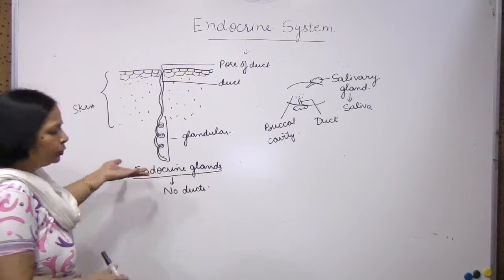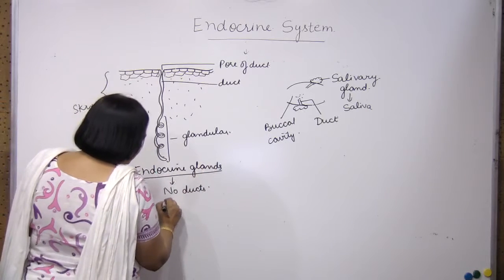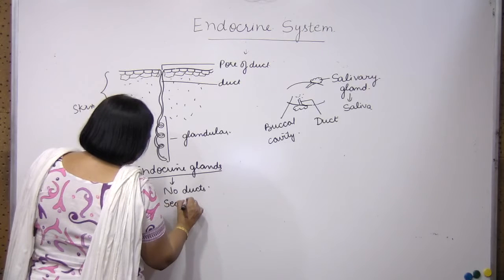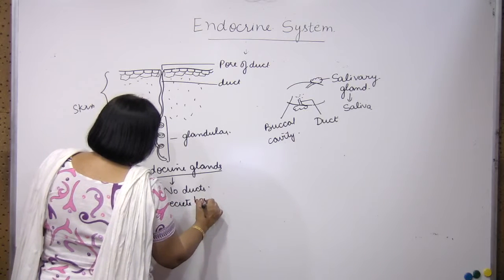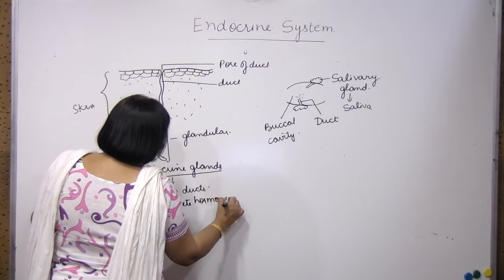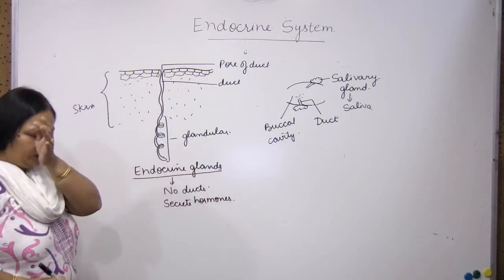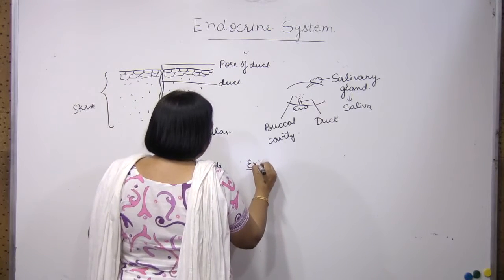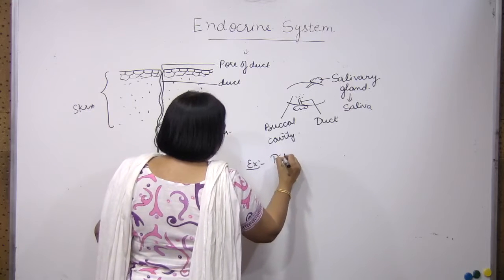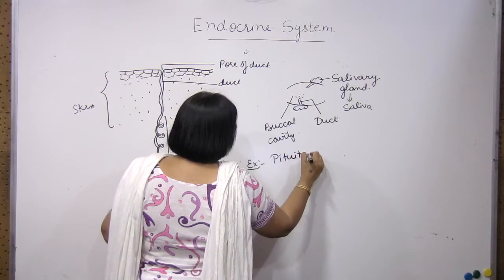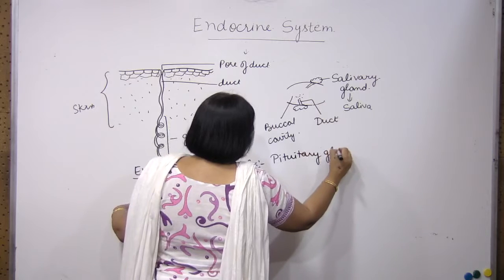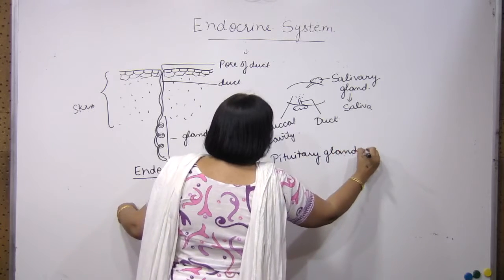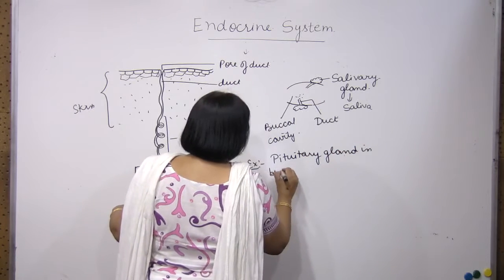So, how do they pour their secretions? They secrete hormones. For example, pituitary gland in brain. Pituitary gland is present in brain.